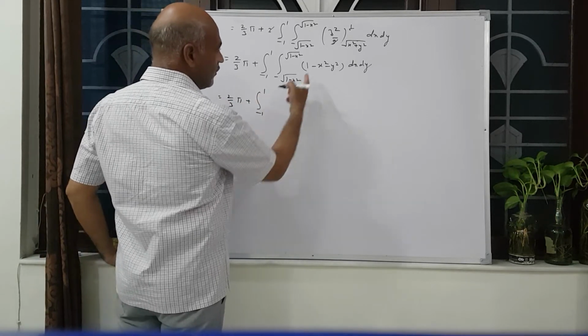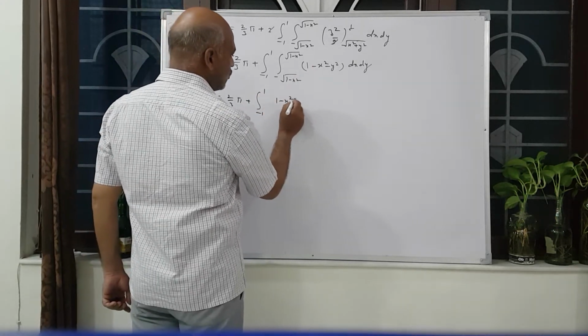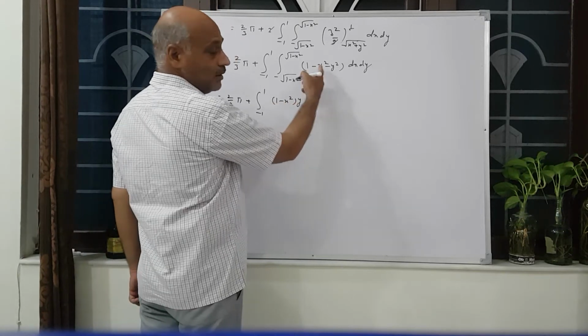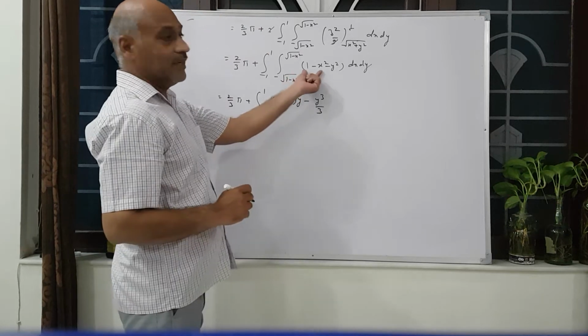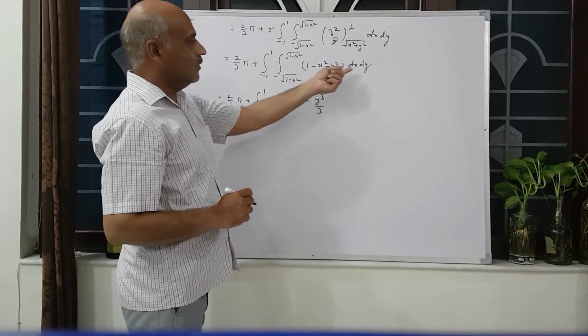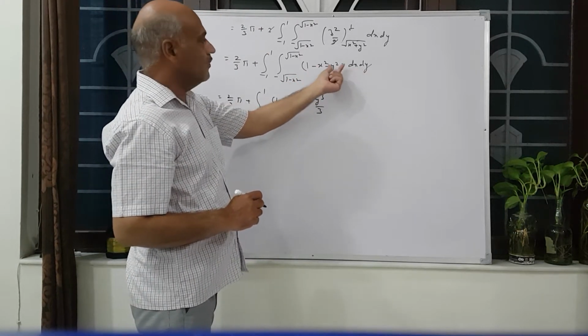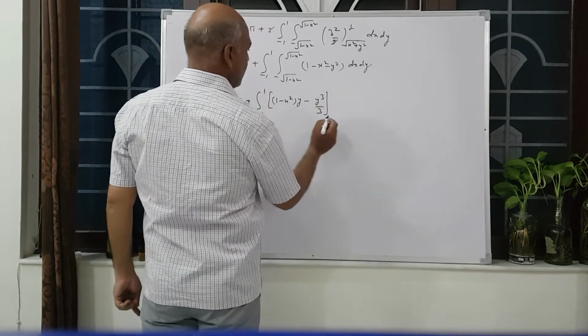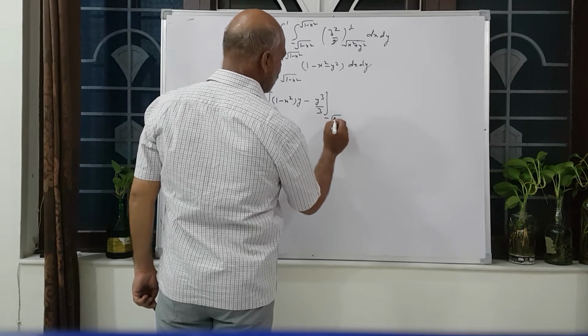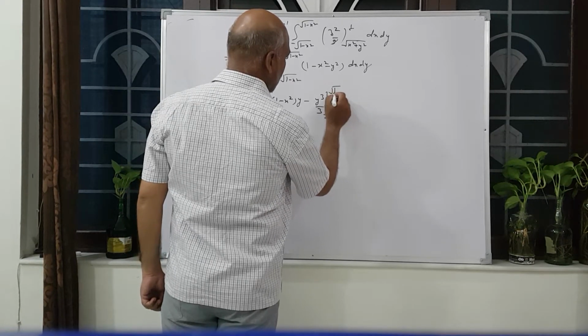Now we integrate with respect to y, which means 2 upon 3 pi plus the integral from minus 1 to 1 of 1 minus x square times y minus y cube by 3. The integral of dy is y and of y square is y cube by 3. The limit is minus root 1 minus x square to root 1 minus x square.